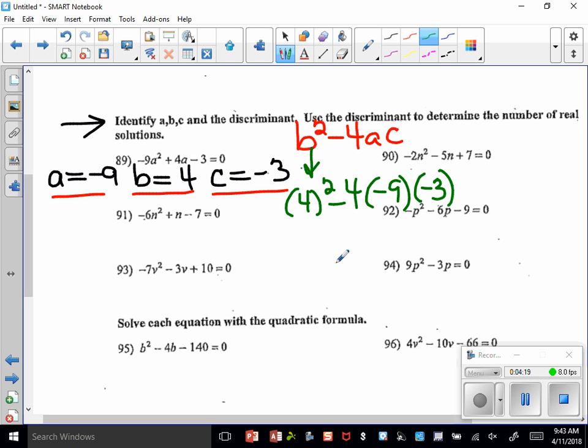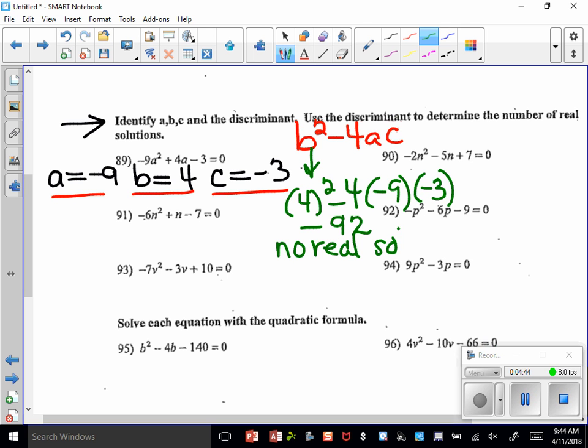Tell me what that answer is. If it's -92, did everybody get -92? If it's negative, that means what? You had 3 different situations: would it be 2 solutions, 1 solution, or no real solution? No real solution, and that's all you write.